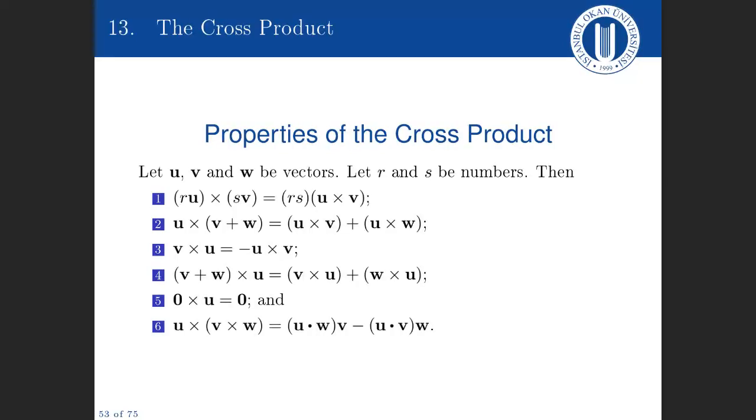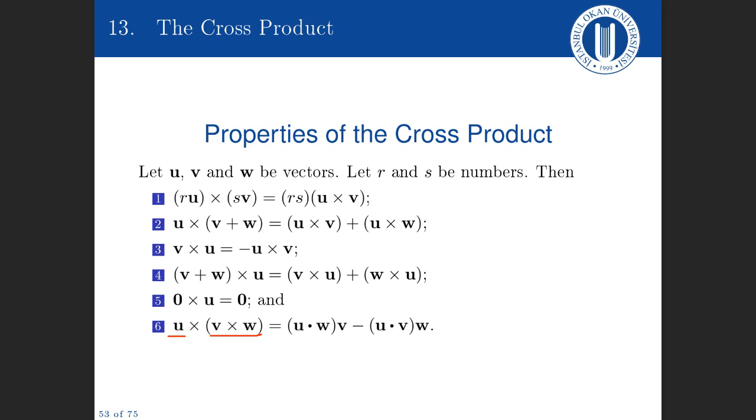And one which is harder to visualize, but we just learned the formula. U cross V cross W is the same as U dot W V minus U dot V W. Let's just understand if this formula makes sense. V cross W is a vector and U is a vector.